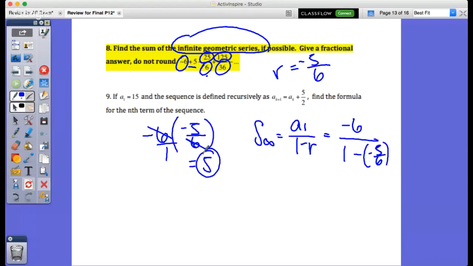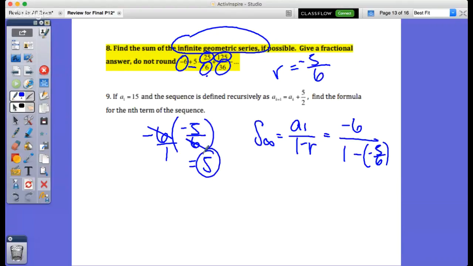No, but it's -6 times -5 should be +30 divided by 6, which is 5, if you're doing it that way. Like -6 over 1, it'd be 30 divided by 6, which is 5. Yeah. Good.